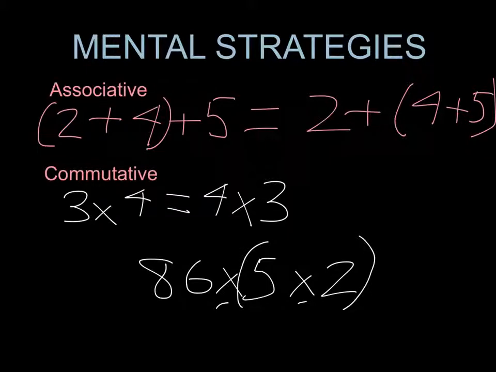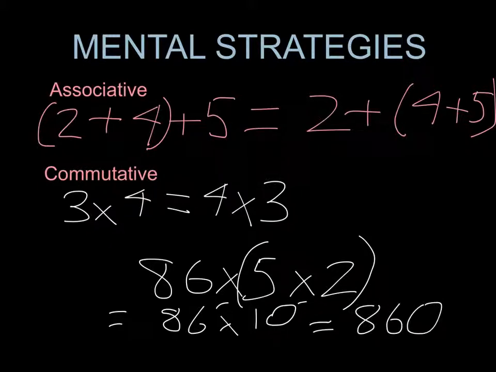What I'm essentially saying is we could multiply the last two numbers together first. You probably all know that 5 times 2 equals 10, and multiplying by 10 is really easy. So instead of trying to figure out what's 86 times 5, I could just do the 5 times 2 first, and this becomes 86 times 10. That's really easy. When you times a whole number by 10, you just add a 0 to it. So I get 860, okay?